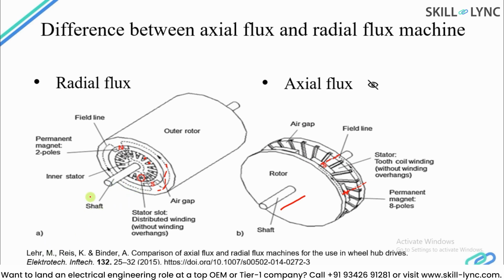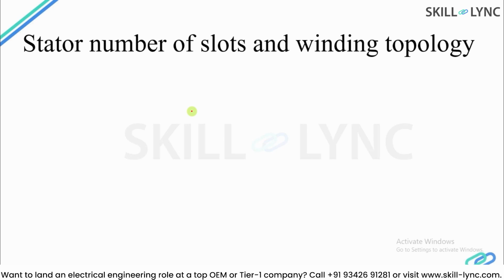Let's now move ahead and look into the design for the stator. So how do we choose the stator number of slots and winding topology? The number of stator slots and the configuration of the winding is very important. Now the three-phase winding for a motor can be configured in many different ways.